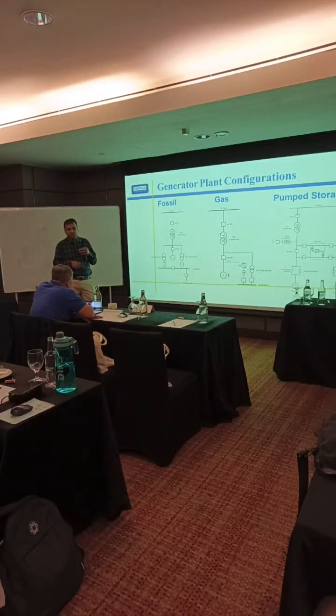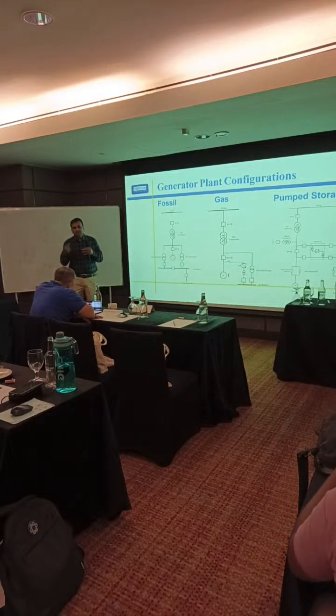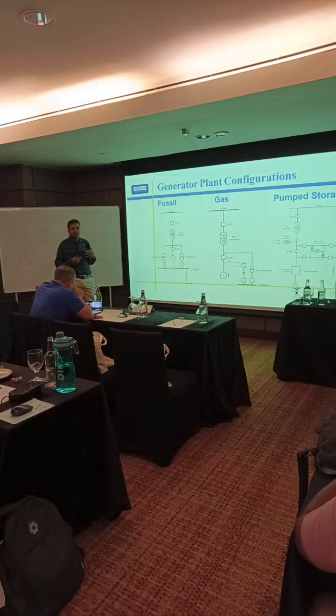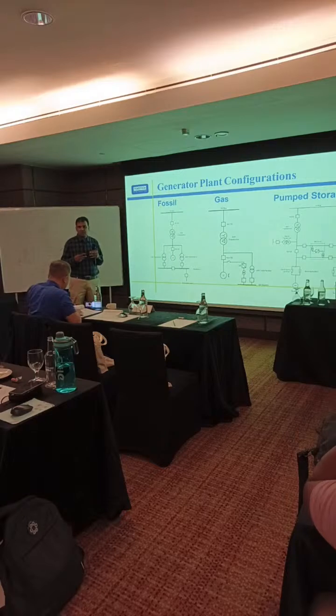The setting will be the same, and the calculation method will be the same, but based on maybe delta star, star delta, whatever combination, the rating is different. So based on that, we can do the calculation of the differential protection.